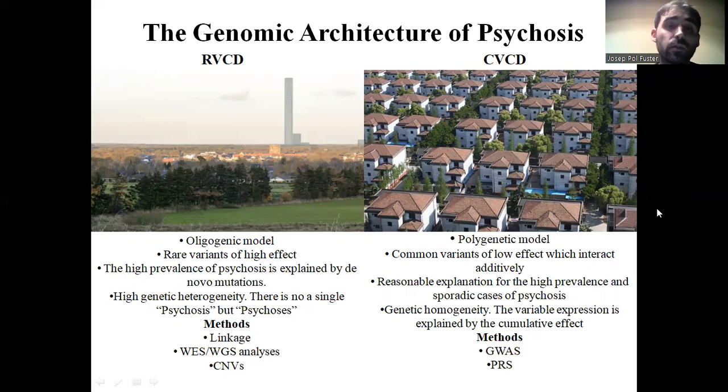Traditionally, the rare variant common disease hypothesis has relied on linkage and, more recently, on whole genome and whole exome sequencing, and the common variant common disease hypothesis has relied on GWAS and polygenic risk scores.